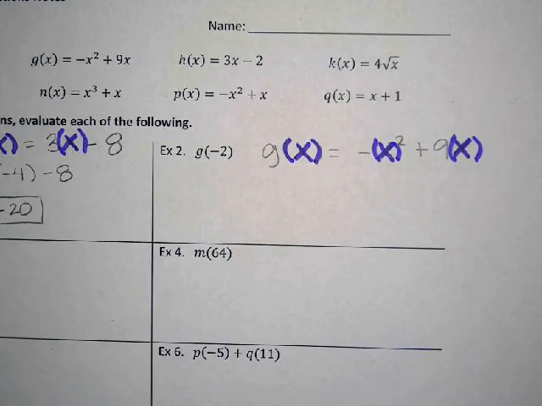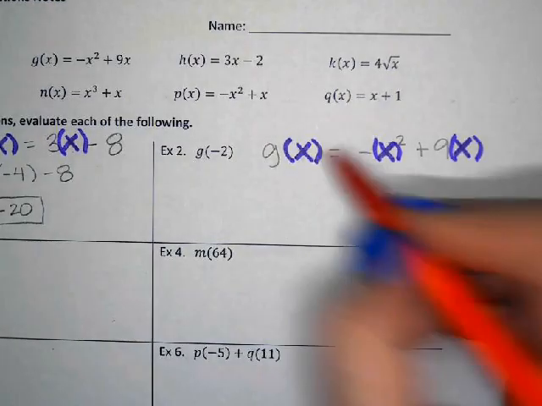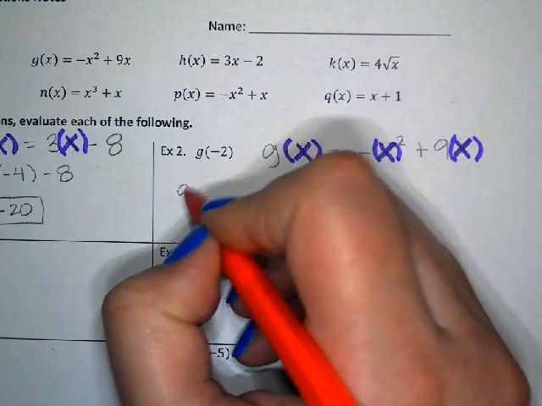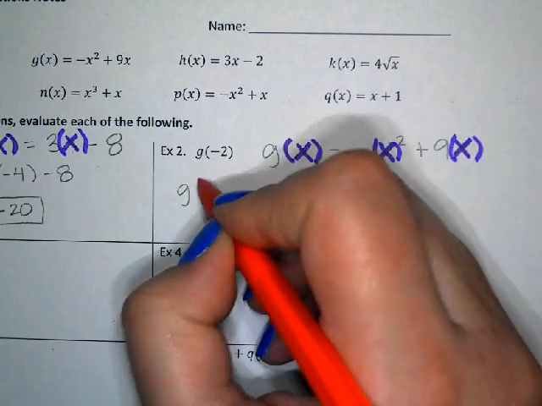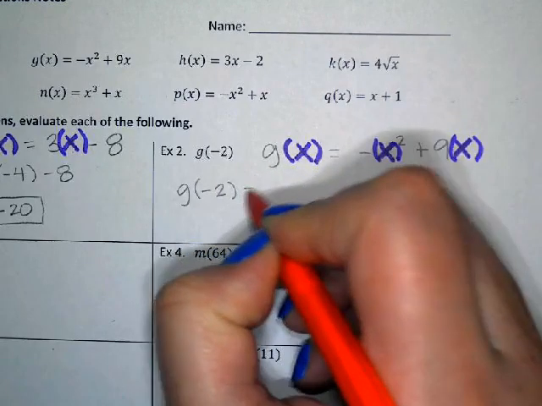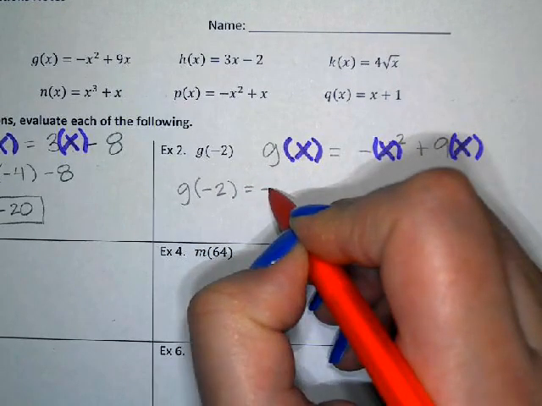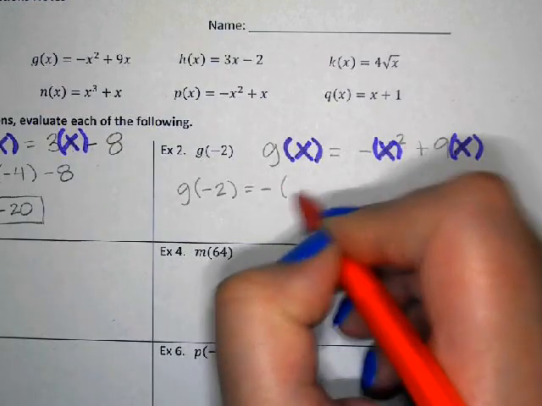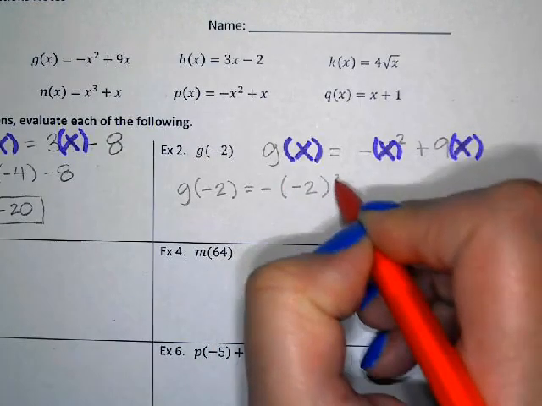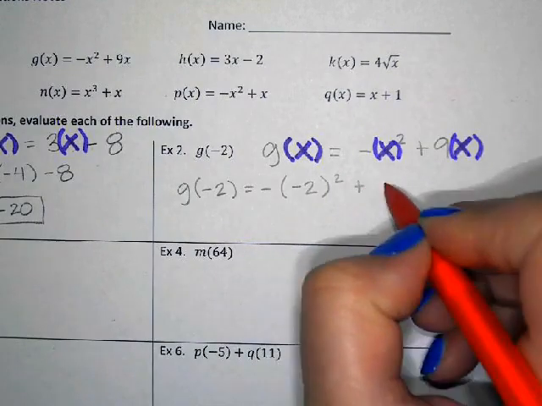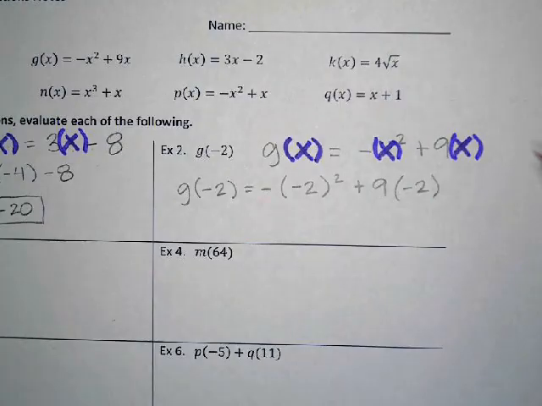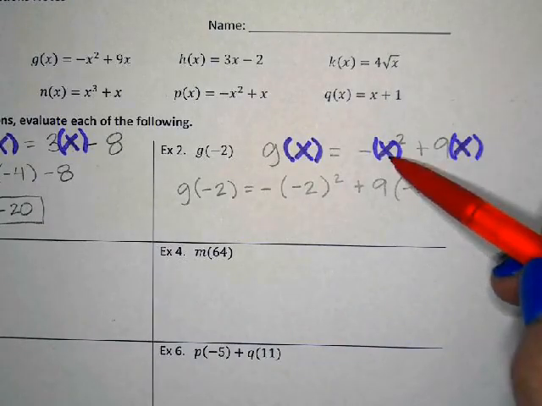And then I go back and I take out the parentheses and the x and I put the number instead. So g of negative 2 is the negative version of negative 2 squared plus 9 times negative 2. So all I did is I took the x's out and I stuck the negative 2's in there.